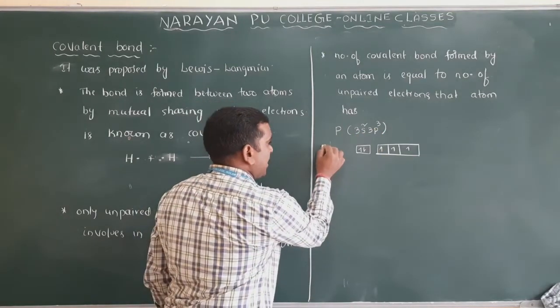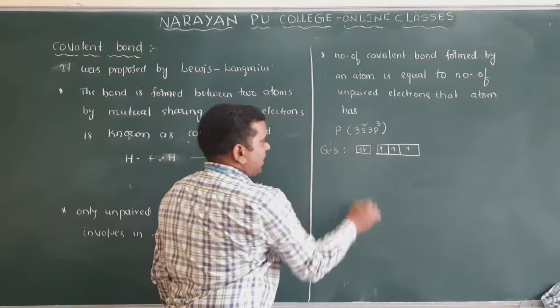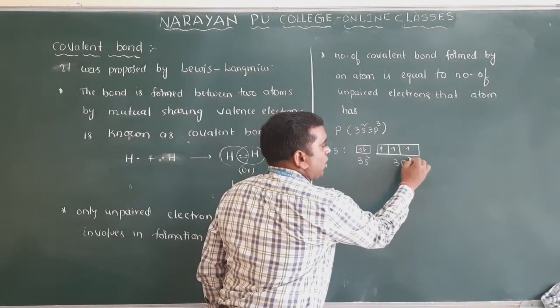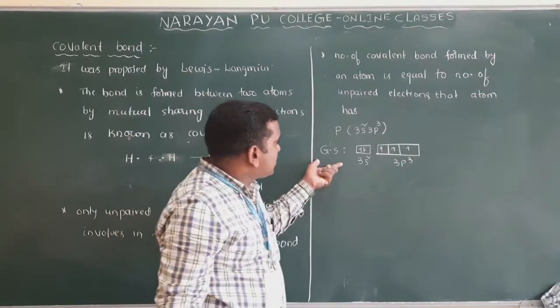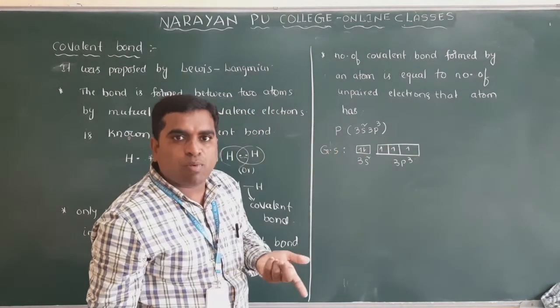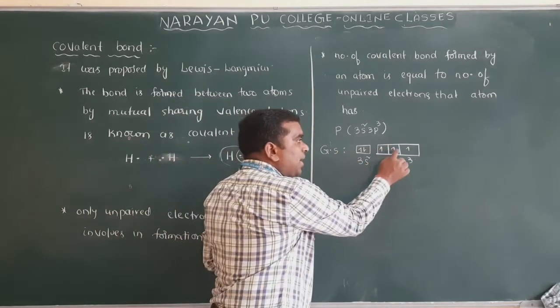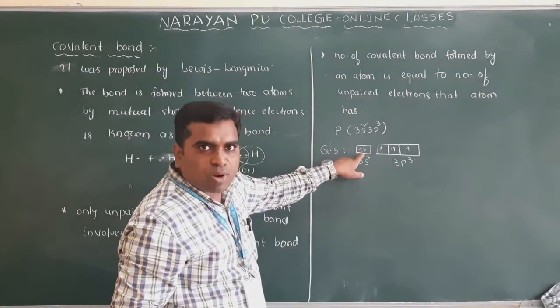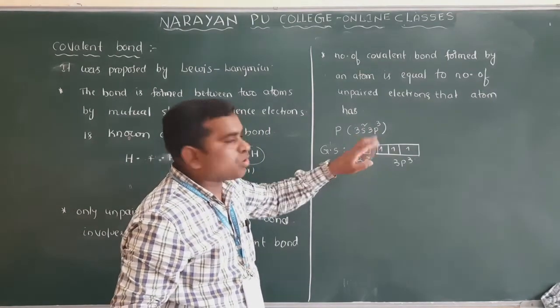This is the ground state electronic configuration, 3s2 3p3. So in the ground state, phosphorus can form how many covalent bonds? How many unpaired electrons are there? 3. Will these s electrons be involved in the formation of a covalent bond? No, because these electrons are paired.